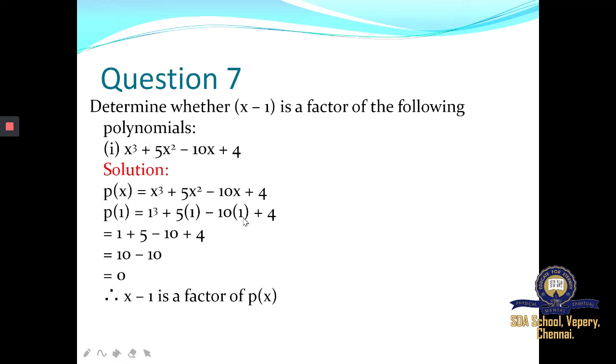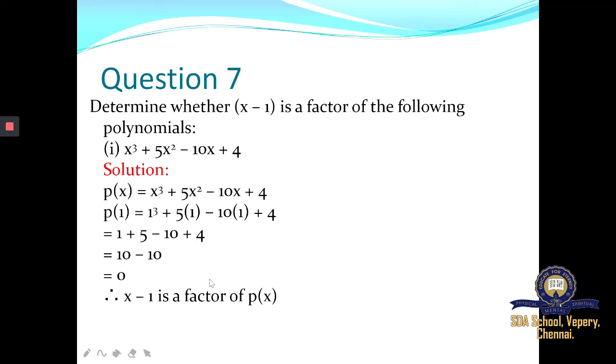Now, if I get the answer as 0, it means that x minus 1 is a factor of p of x. In case I haven't got 0, and have got something else, probably a negative number or a positive number or any other number for that matter, then it means that so and so is not a factor of this polynomial. Yes, got it, students?